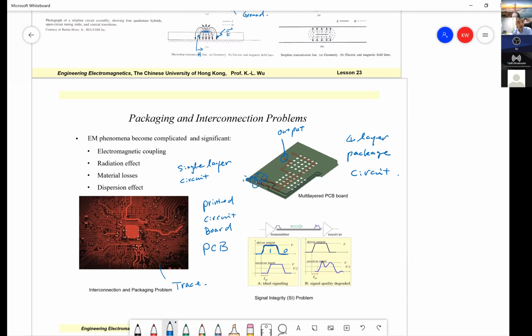Ideally, the signal passing through these traces takes time. Then you have a certain time delay. With this time delay, ideally the pulse, the 1 is still 1, and 0 is still 0. This is ideal.